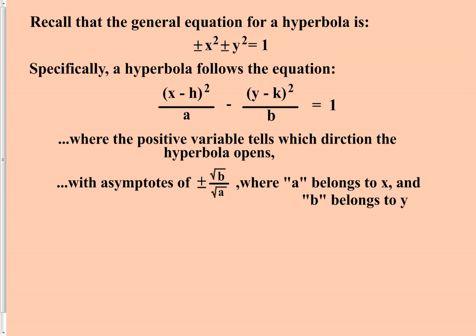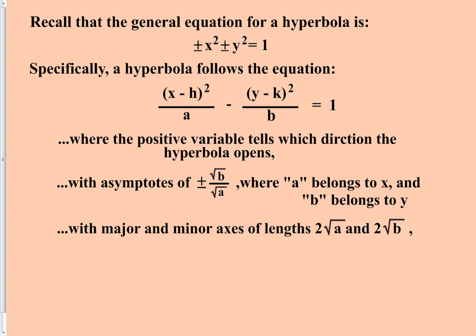It was information about y. And look where we got the a from. It was information about x. So it is rise over run, square root of b over square root of a. Now also notice that that ratio carries a plus or minus in front of it. There are two asymptotes. They will follow the same slope values, only one of them will be positive and one of them will be negative. You'll see that more here in just a minute.